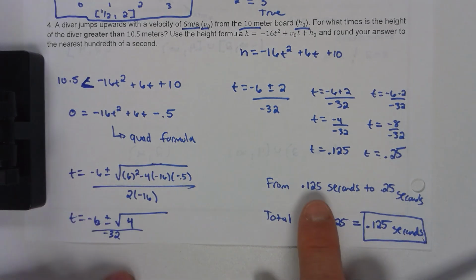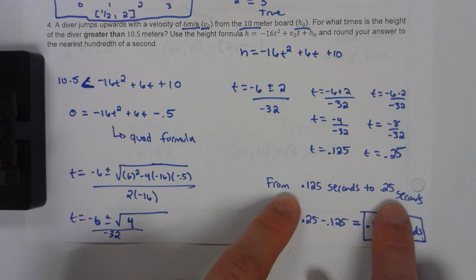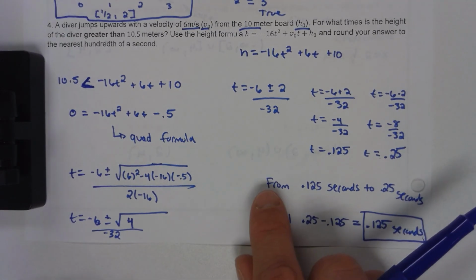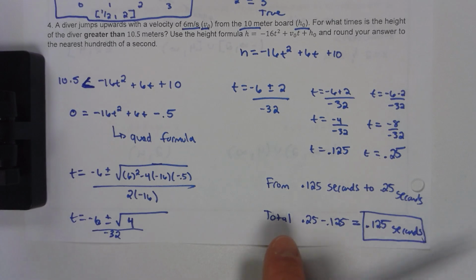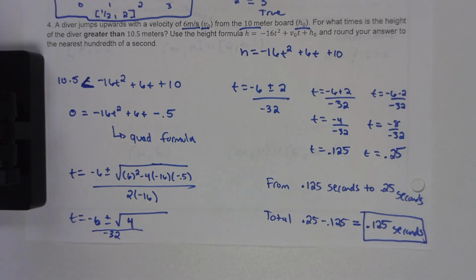So the diver reaches 10.5 meters at 0.125 and then again at 0.25. So he's above 10.5 meters from 0.125 seconds to 0.25 seconds. So the total time that the diver is above 10.5 meters is 0.125 seconds.